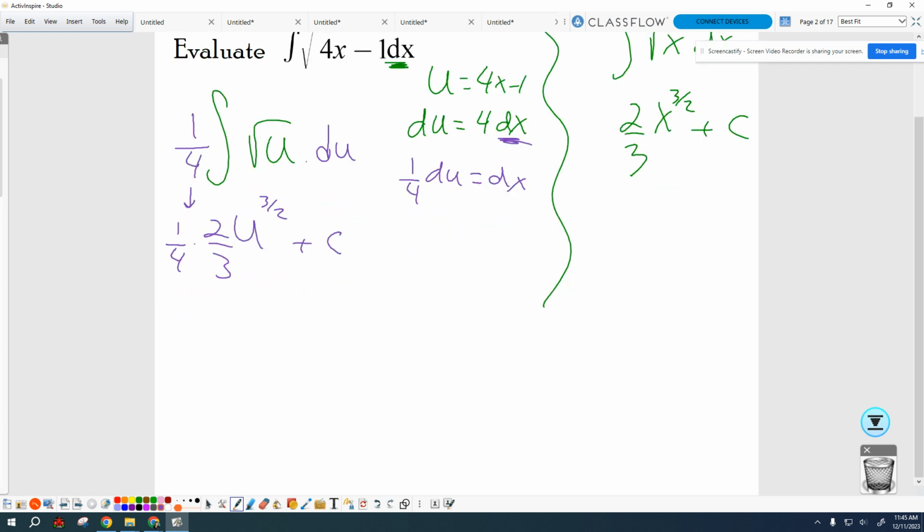I actually wanted everything in terms of x. So I need to swap out u and put the x values back in. What was u equal to in this case? 4x minus 1. And I'm going to reduce. There you go. Integrate.